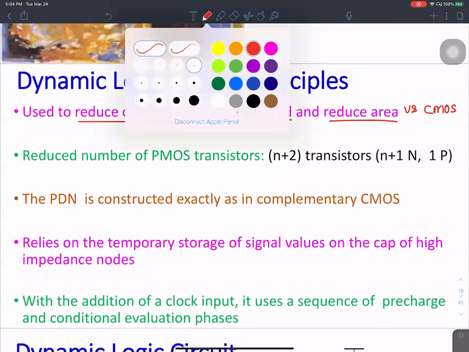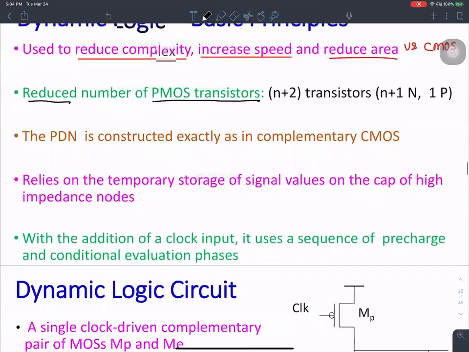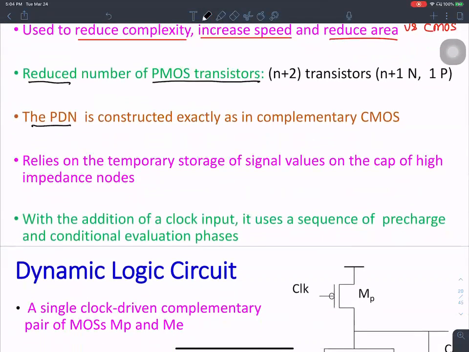That is achieved by lowering the number of PMOS transistors. We want to get rid of as many PMOS transistors as possible, and that is exactly what we do in dynamic logic. The pull-down network is exactly the same as in static CMOS logic. But I want you to pay attention to two terms here.